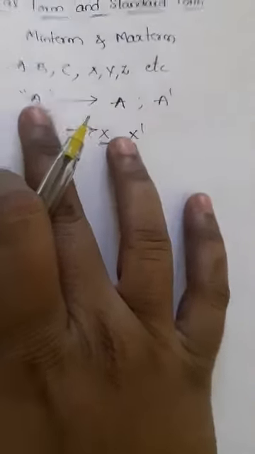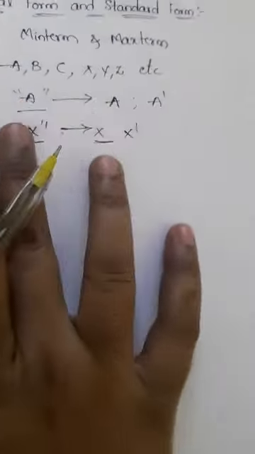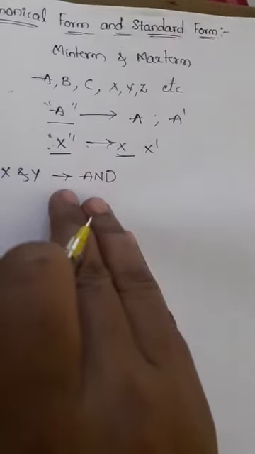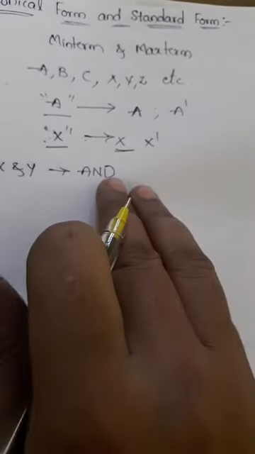Now consider two binary variables, x and y, combined with an AND operation. Each variable may appear in either normal form or in its complement form.